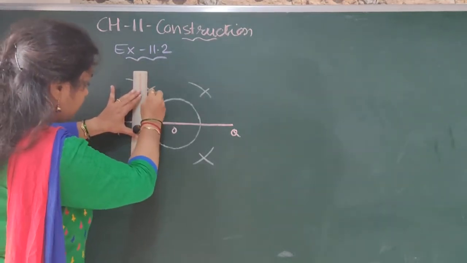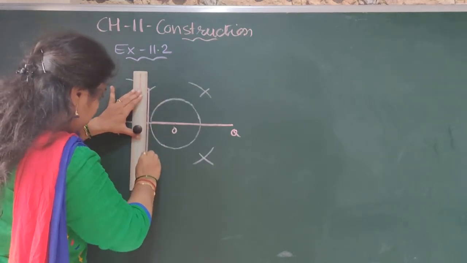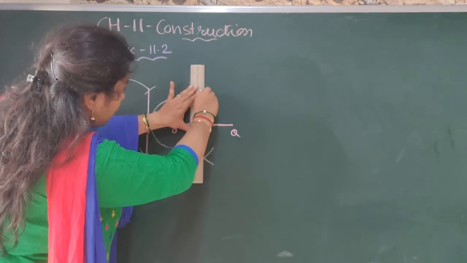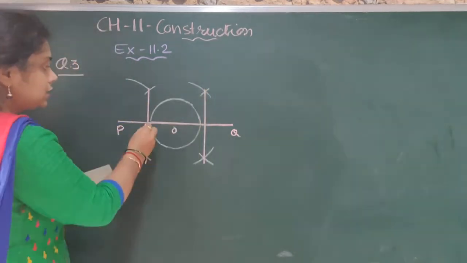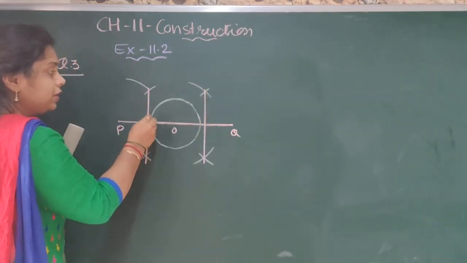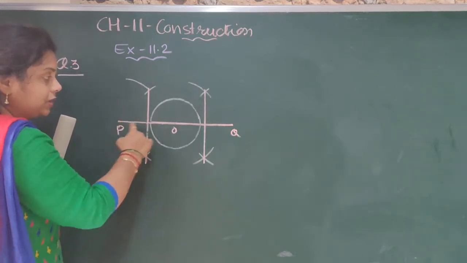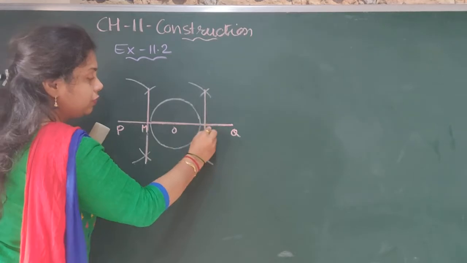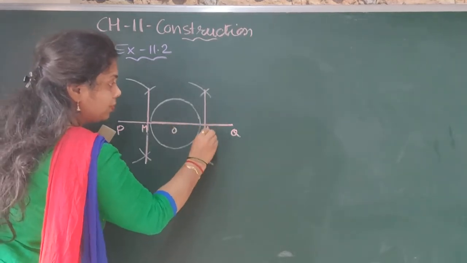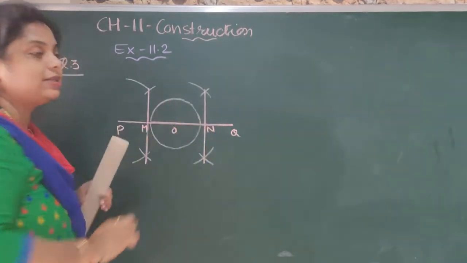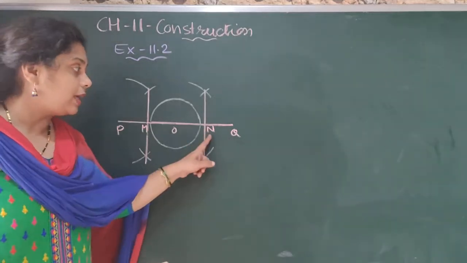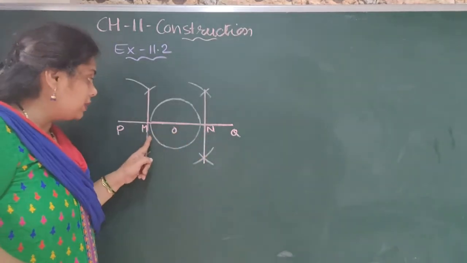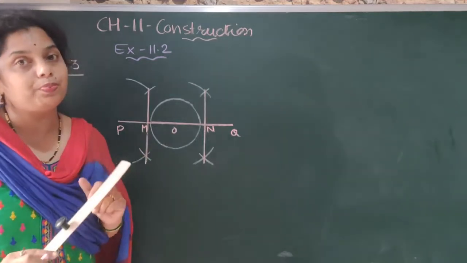Now I am joining these intersection points of the arcs. This line will intersect OP at M, and it intersects OQ at N, which I am naming as the midpoint. So in short, N is the midpoint of OQ and M is the midpoint of OP.